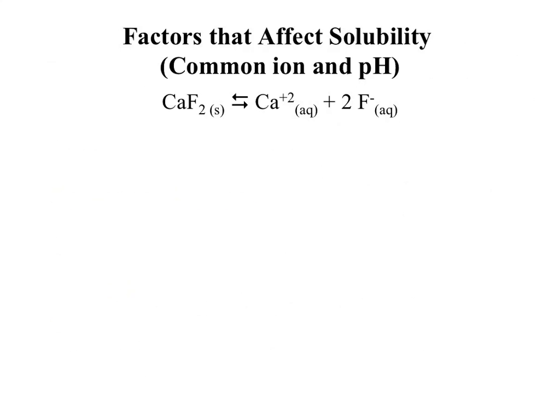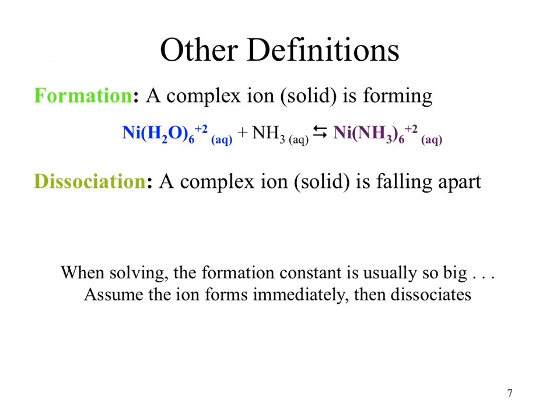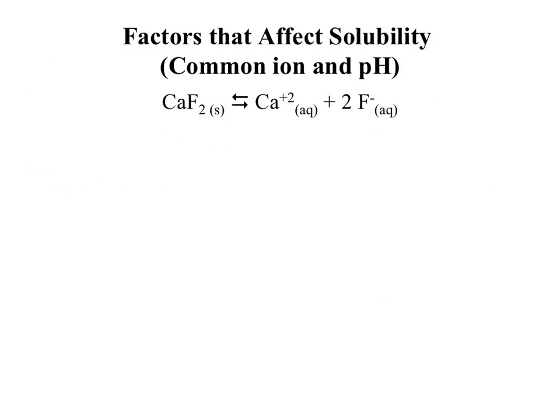instead of saying our reaction goes leftward if we increase the calcium ion, whoops, sorry. That's an eraser. If the calcium ion concentration goes up, we could go through and say our reaction goes leftward. Okay, reactants favored.